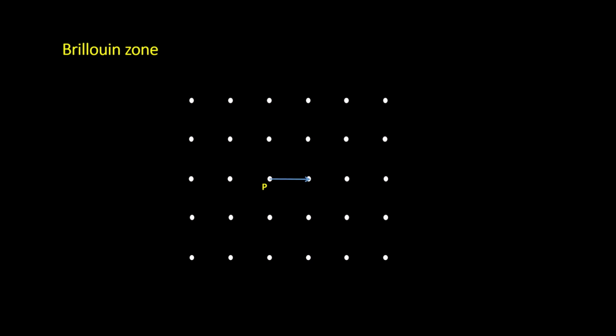So draw a line connecting this origin point to one of its nearest neighbors. This line is a reciprocal lattice vector as it connects 2 points in the reciprocal lattice. Let's draw similar vectors to all nearest neighbors.